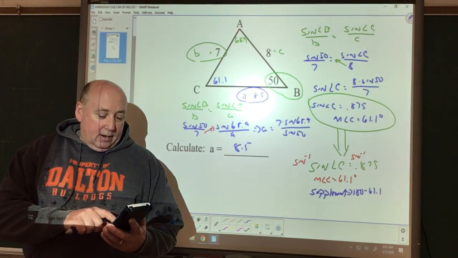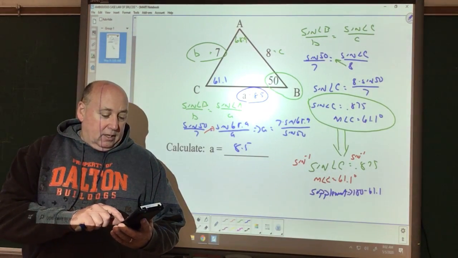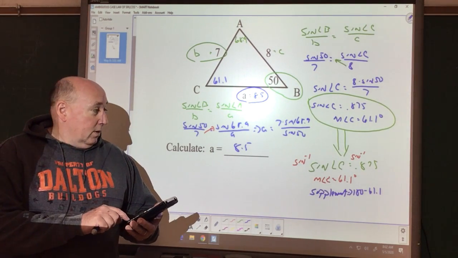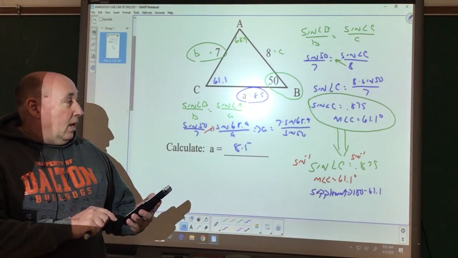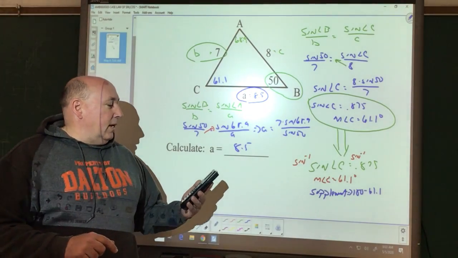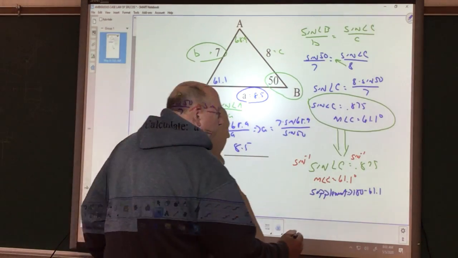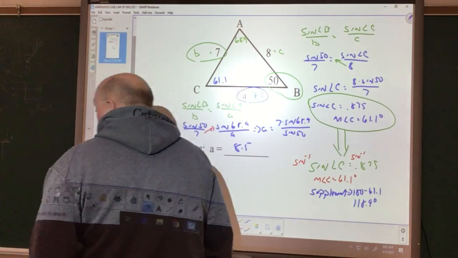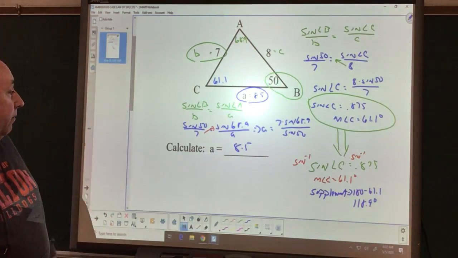Clickety-clack. 180 minus 61.1 degrees. And what we come down to is 118.9 degrees.